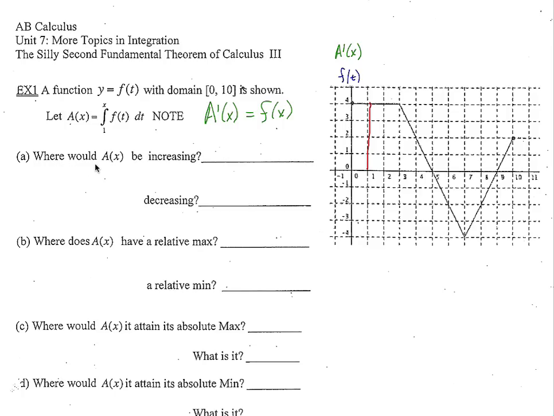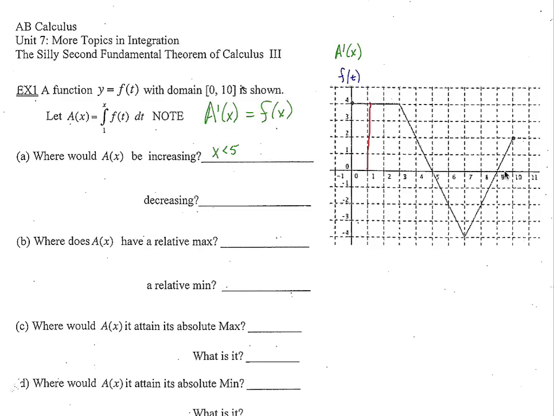A. So where is the function A of x going to be increasing? Well, the function A of x is going to be increasing wherever we're adding on area, right? So we start here at 1, and then from 1 to 5, and here we're always increasing, and actually going from 0 to 1 we are increasing. So this function is going to be increasing wherever x is less than 5.